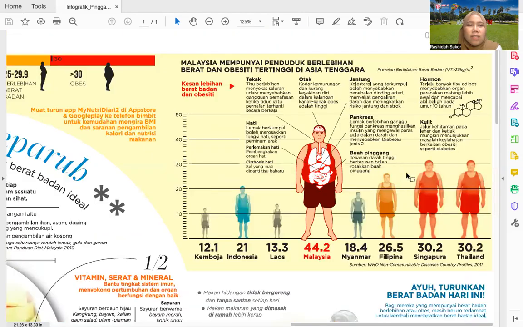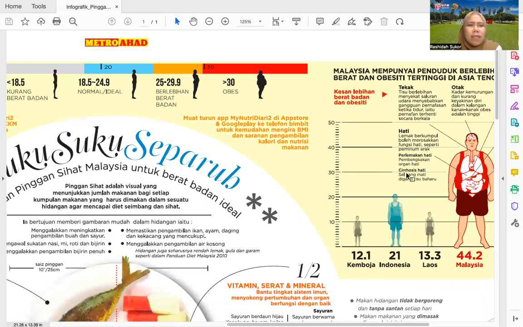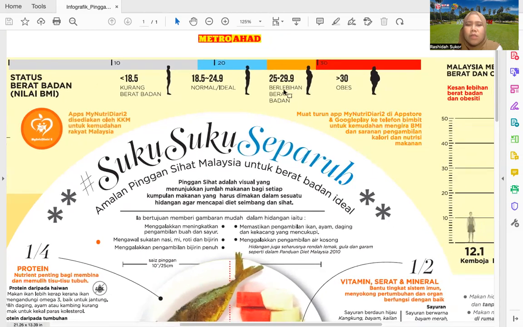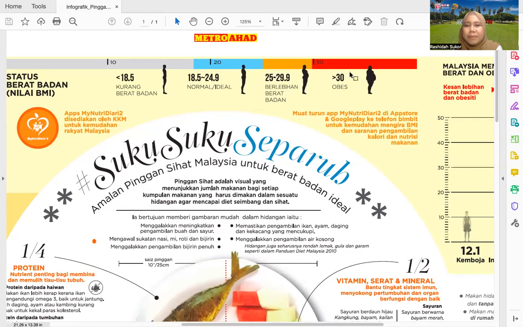Okay, this one is the BMI lah tadi. If your BMI is somewhere between 18.5 and 24.9, it's very good, it's normal and also ideal. But if you reach 25 to 29.9, that means you are considered pre-obese or overweight lah.